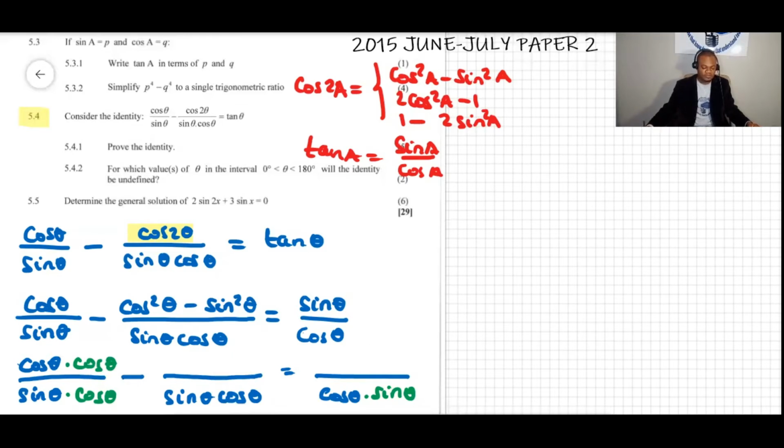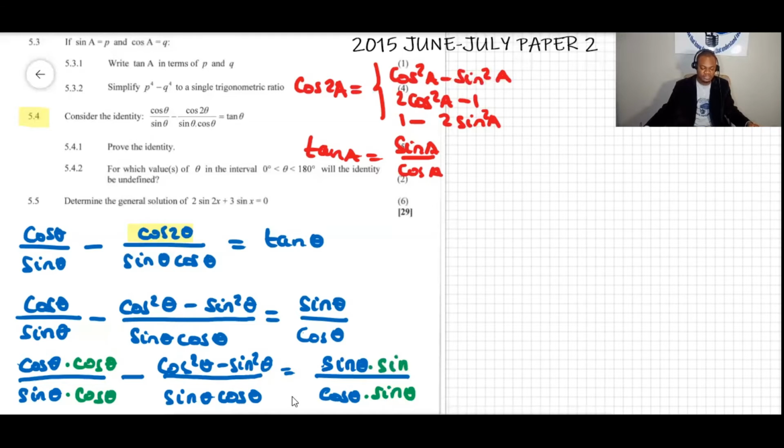And then in this fraction, we did nothing, we didn't change anything, so I will keep the numerator as it was: cos squared theta minus sin squared theta. On the other side, we had initially sin theta, but we multiplied the denominator by sin theta, so we must multiply the numerator by sin theta also, in order to have the fraction the same.